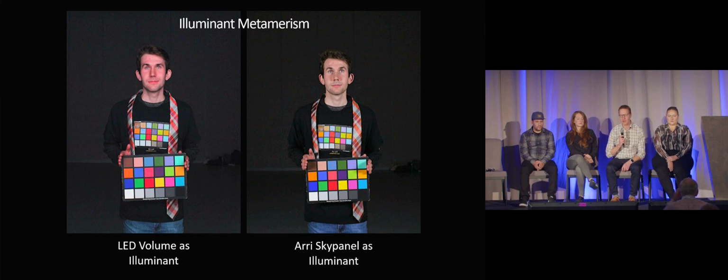And then we had an Aries Sky panel we brought in, and we color balanced the neutral scale and the exposure straight through a traditional cinema camera capture. And you can see that there's a huge saturation skin tone implication. So if you're a DP that cares about controlling this stuff on set, you should absolutely be wary of mixing the LEDs as illuminant and the principal lighting that you've got on set as illuminant.